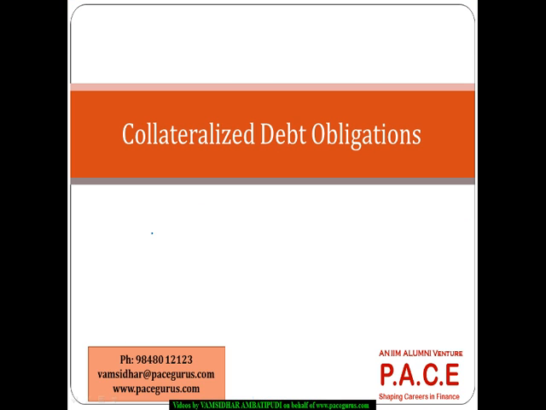All right. Now let's look at another important security, which is the collateralized debt obligation. Again, an SPV is coming into the picture. Here, different kinds of debts and loans are the underlying, and using these as the underlying, the company is issuing bond securities into the market.